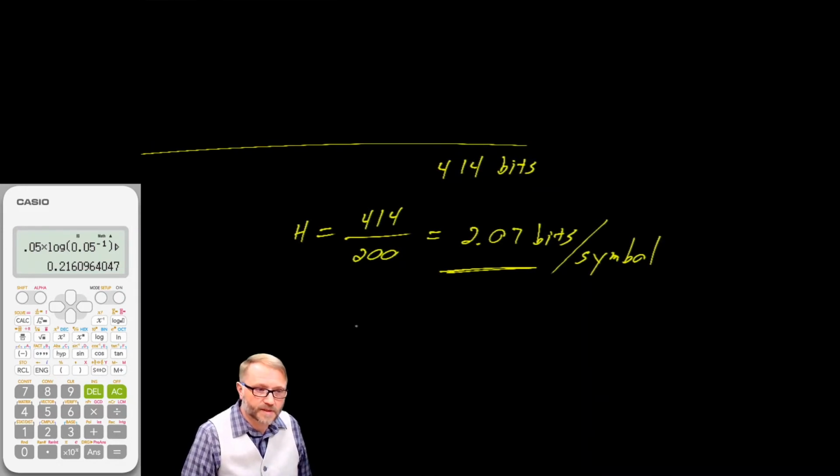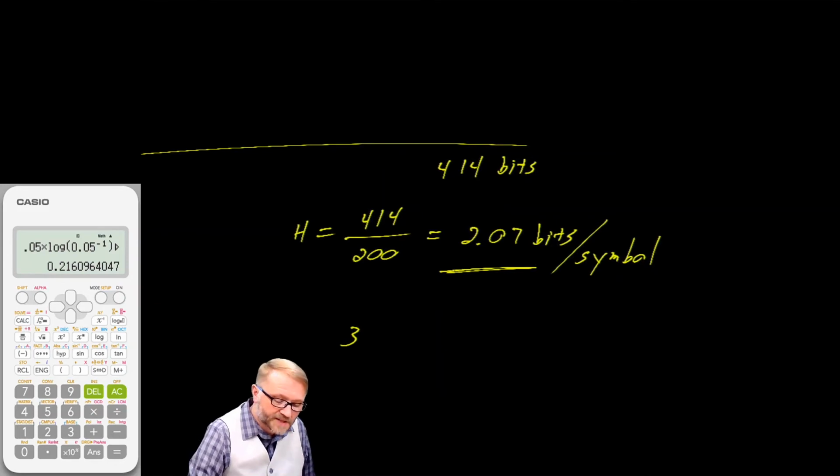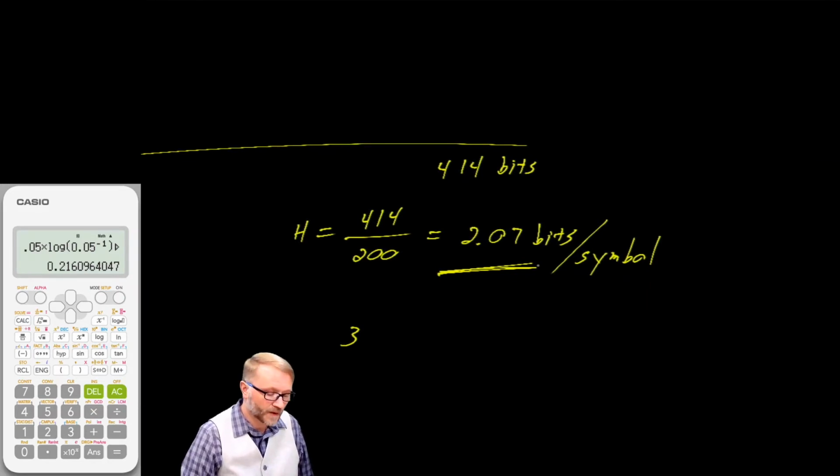This has some serious implications when we send this over a channel. If we were to use fixed width, we'd have to ask 3 questions. We'd have to send 3 bits over the wire. Whereas the measured entropy suggests we could ask as little as 2.07 questions per symbol. What we need to do now is find a method to encode that is approaching entropy.